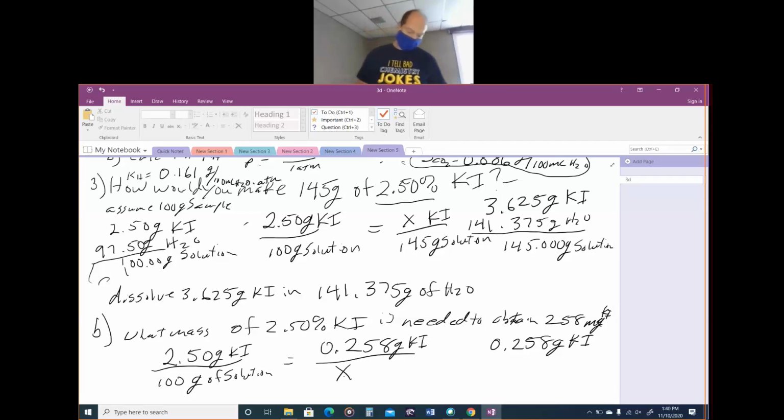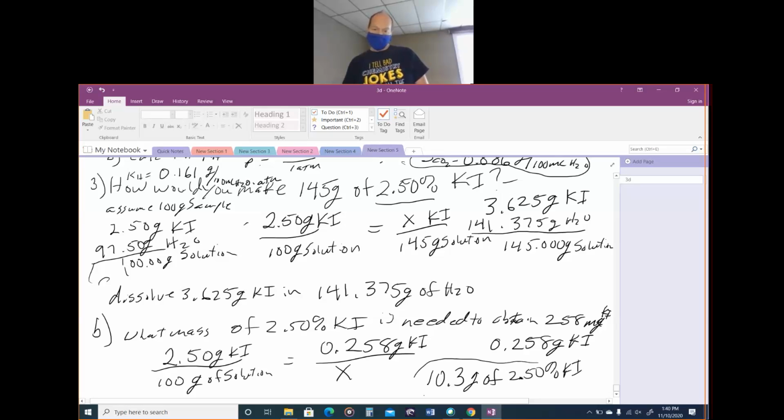And you get 10.32. Here, I'm going to go with the correct sig figs, 10.3 grams of 2.50% KI. So if you took 10.3 grams of 2.50% KI, that would give you the 258 milligrams of your KI.